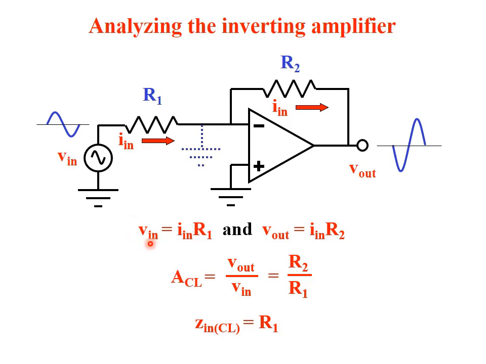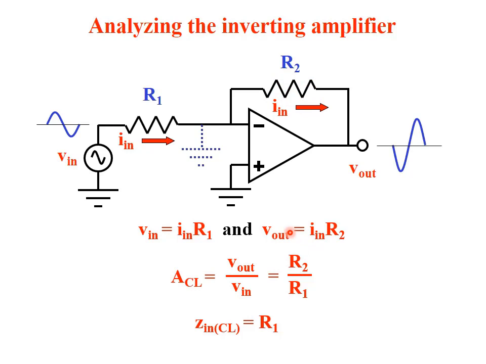So the input voltage, based on Ohm's law, equals IN times R1, the input current times the input resistance R1. And the output voltage can be calculated also from the voltage on this resistor, which is IN times R2. As we said, IN is the same current going through both resistors. So again, IN times R2 using Ohm's law.